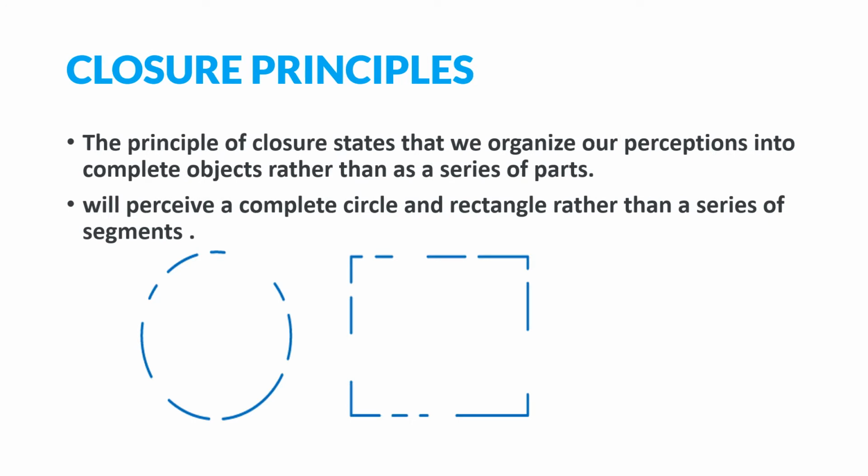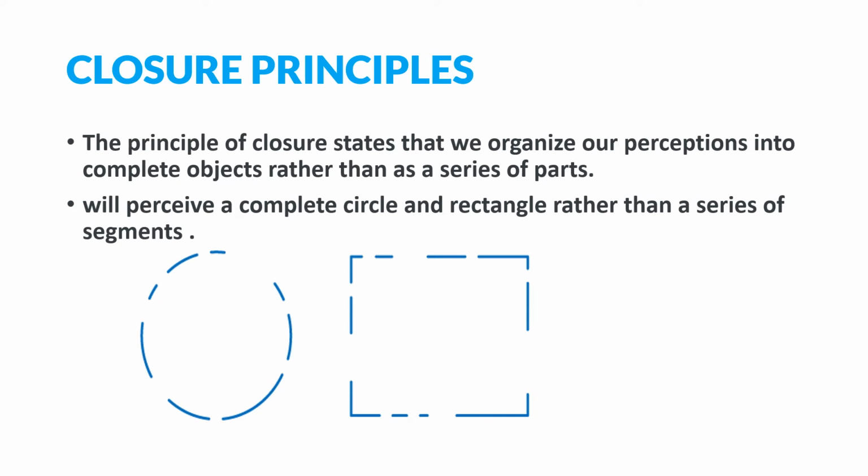Next is another one, the closure principle. This principle of closure states that we organize our perception into complete objects rather than a series of parts. Here in this picture, we will perceive a complete circle or complete rectangle rather than a series of segments.